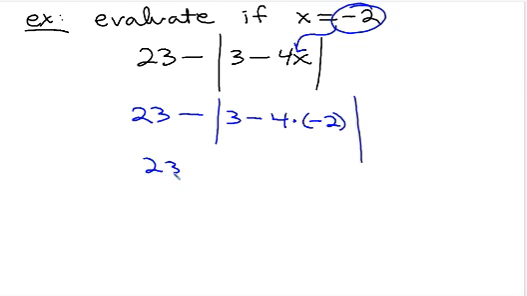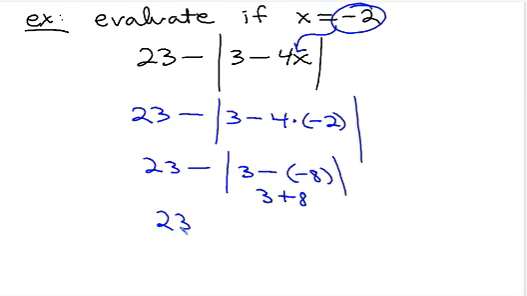So this is 23 minus the absolute value of 3 minus -8, which is snake eyes. That's 3. This is 3 plus 8, right? So this is 23 minus the absolute value of 11.